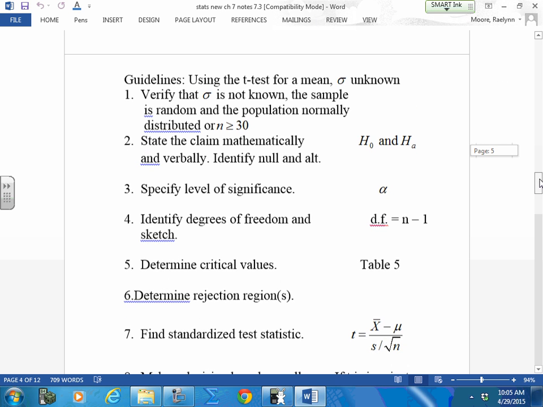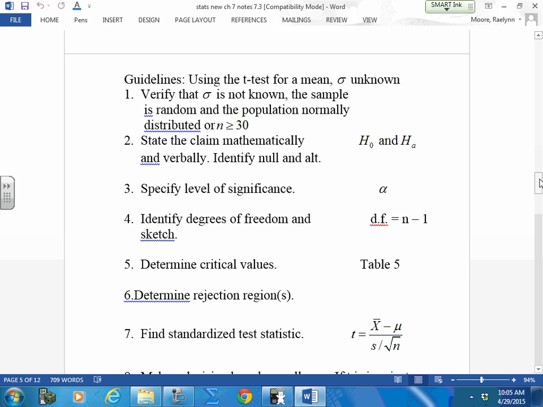And again, the steps for finding this: we're going to verify that your population standard deviation is not known, that your sample is random, and that either the population is normally distributed or n is greater than or equal to 30. They have to tell us one of those pieces. If the sample size is less than 30, again, it has to tell us that it's normal distribution.